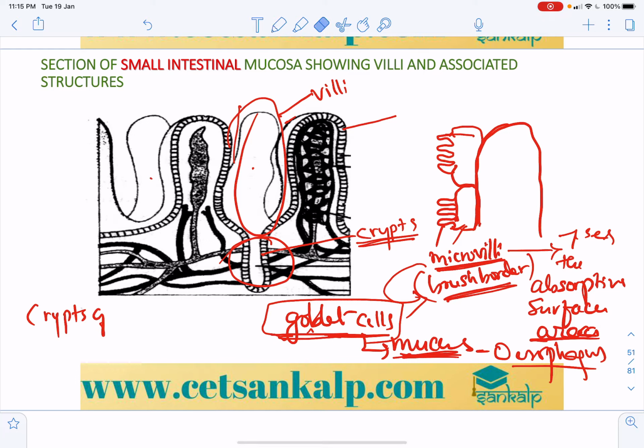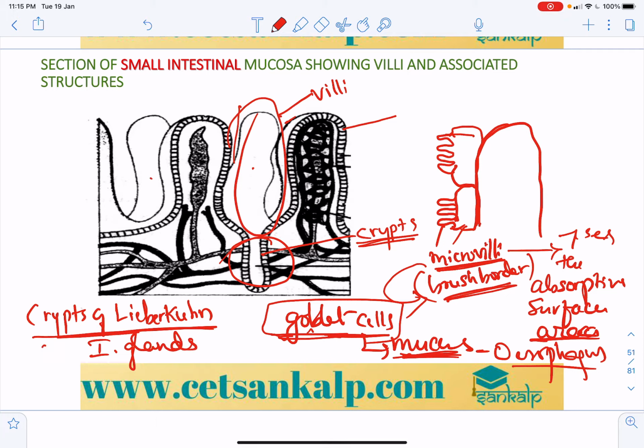Crypts of Lieberkühn, right? These intestinal glands are also called crypts of Lieberkühn. Intestinal juice is also called succus entericus. Just keep it in mind, this is very, very important.